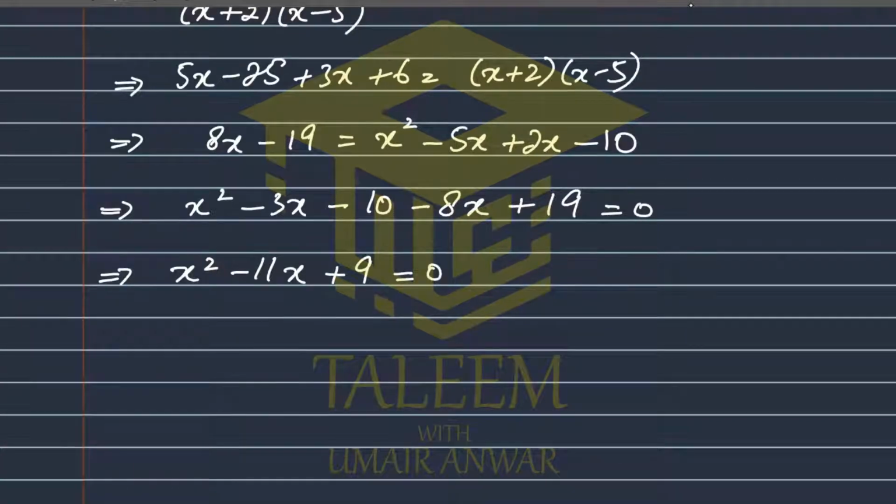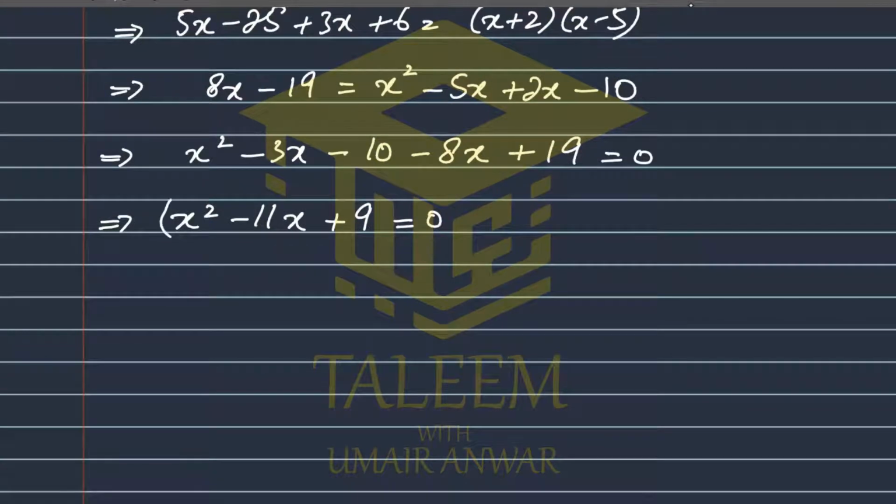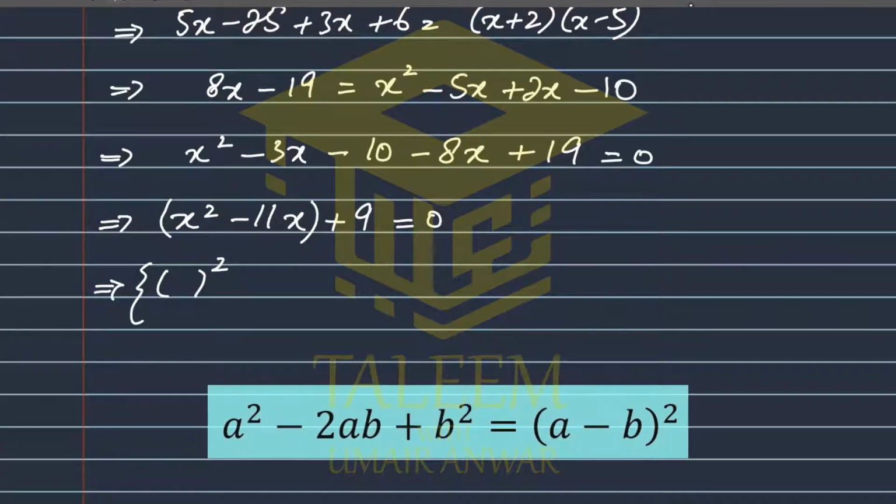Now we have to complete the square. So we will be considering these two terms which contain the variable, and for completing the square there should be a first term which should be a perfect square, and as we can see that x squared is the perfect square of x. Then I am writing according to this sign the formula in the negative form, and the middle term would be a negative term.